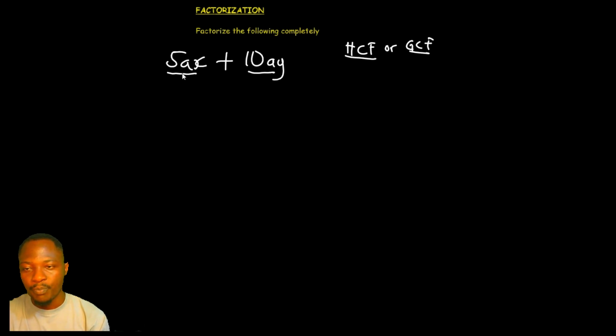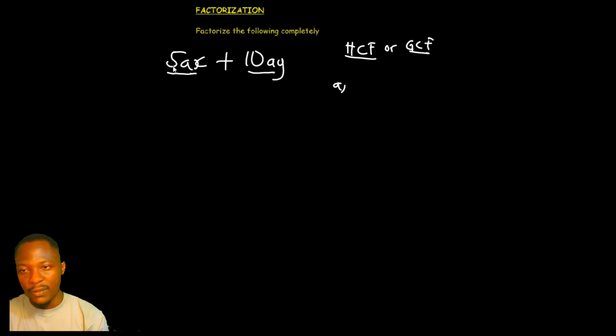So here we need to find the highest common factor between the first term and the second term. Already we have the variable a and then a, which means that a is a factor of 5ax and also 10ay. So the first factor we know is a.